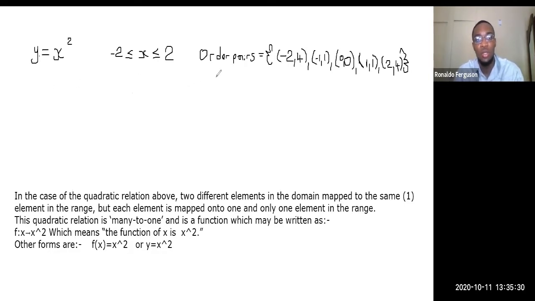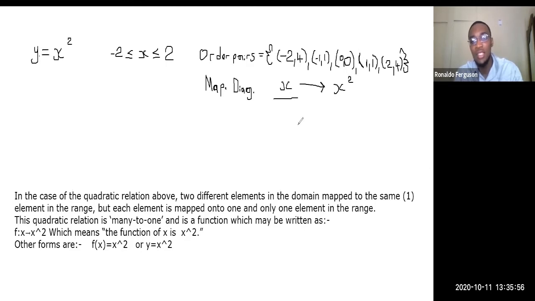So I'm going to do the mapping diagram right here. Map diagram. I like to write acronyms, so I'm shortening it. Of course, we're looking at when x is mapped onto y and y is x squared.